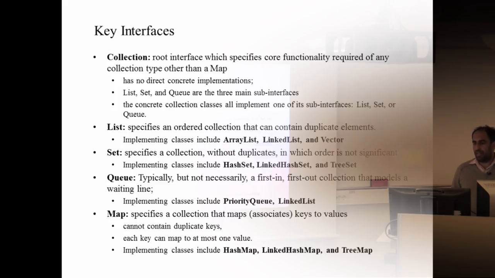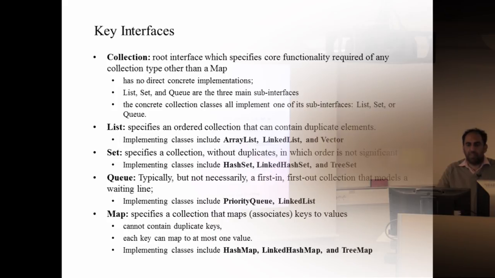So all other classes are subtypes of this interface except the map, and we will see why the map is not a subtype: it stores values differently, and it differs in its representation. This collection interface doesn't have any concrete implementation.